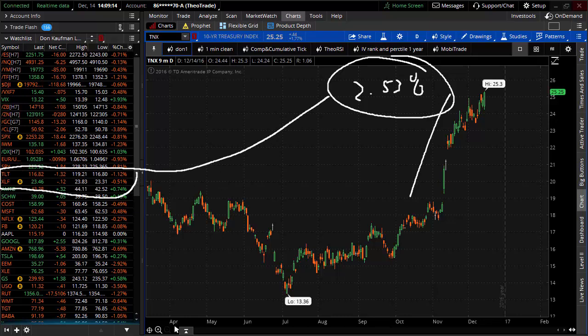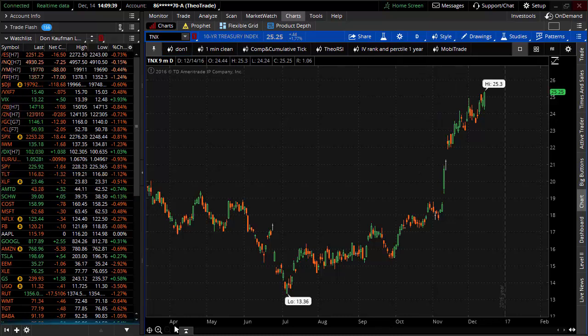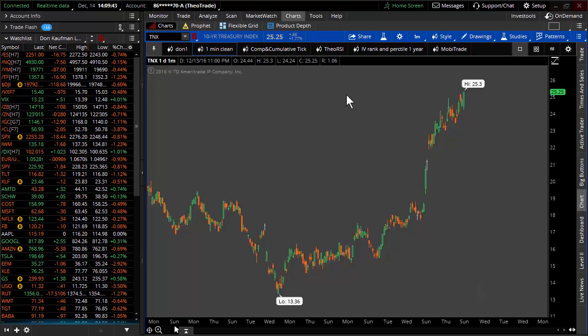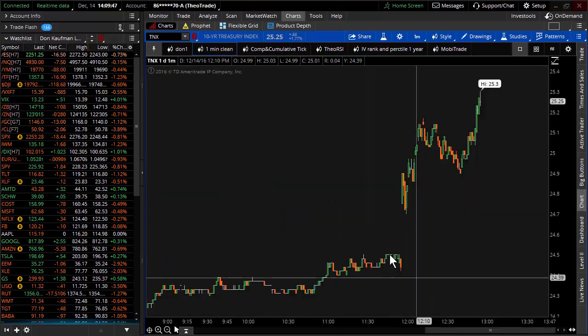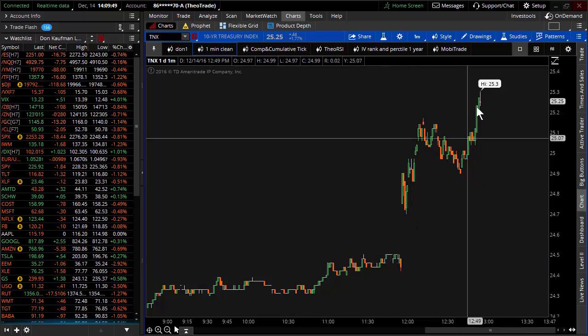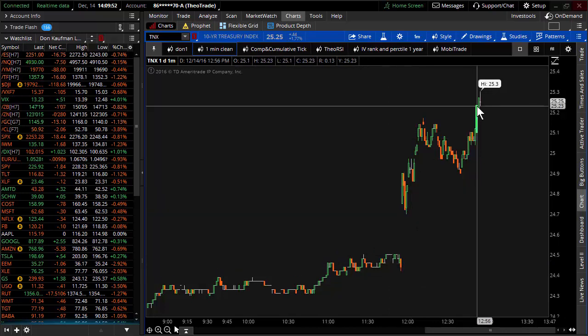in a little product called XLF. If you're not familiar with the XLF, it happens to be none other than the financials. Now, what's unusual today: interest rates exploded higher. Look at the interest rate on an intraday basis. Can't even make this stuff up. Ladies and gentlemen, that's a gap in interest rates. That's the 10-year, the yield exploding higher.